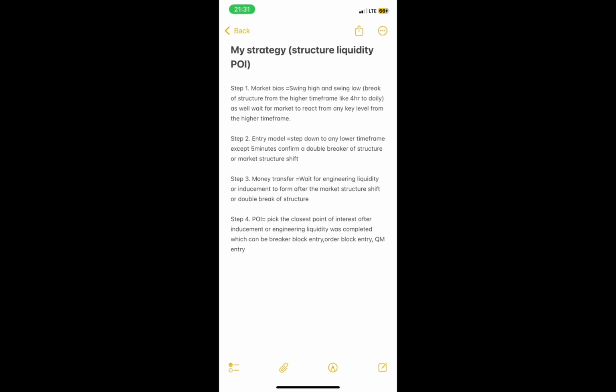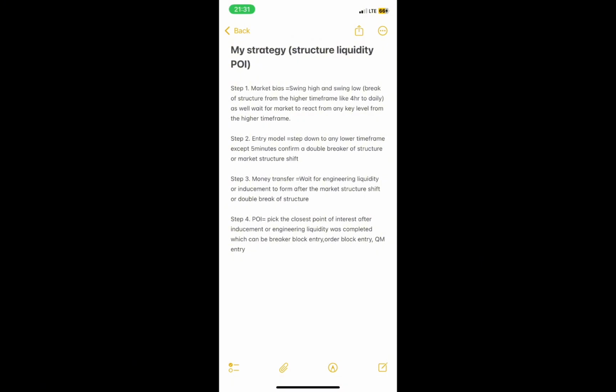I have only 4 trading rules, right? And trust me, if you follow these 4 trading rules, it's actually 5, but I did add the 5th one, which I'm going to show in the video, and you can still use it. It's very much profitable if you use it that way. I use it only when I feel like I didn't catch the bias from the higher time frame.